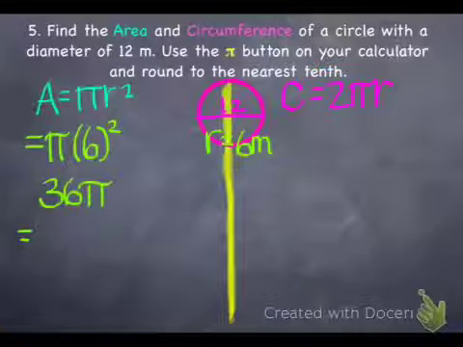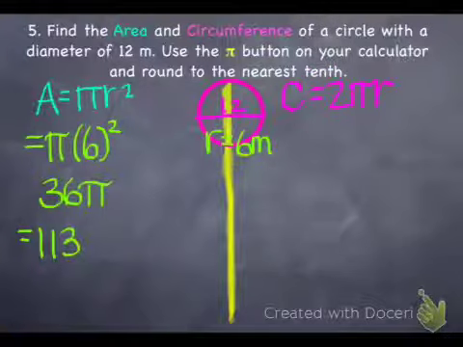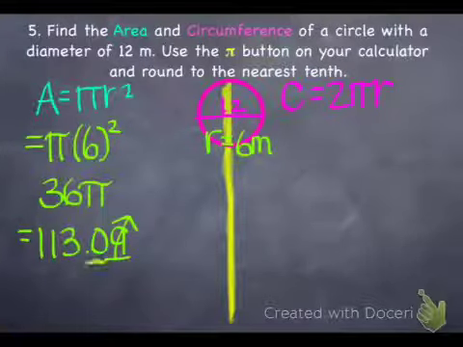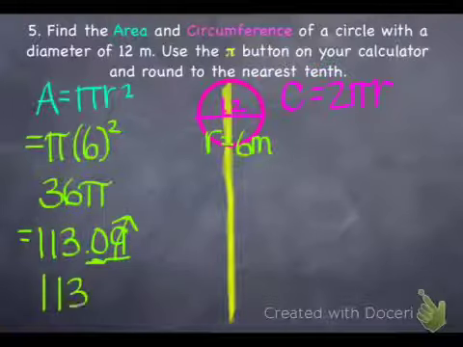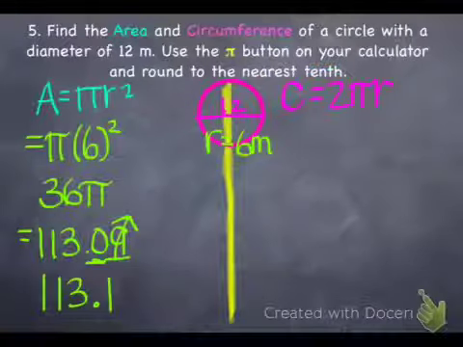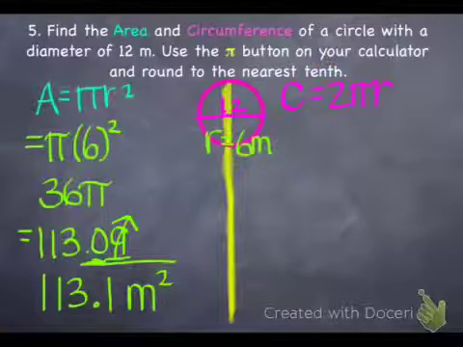You're going to get 113.09. Because 9 is bigger than 5, we're going to round this guy up. So it becomes 113.1, and that was in meters, and area is always squared.